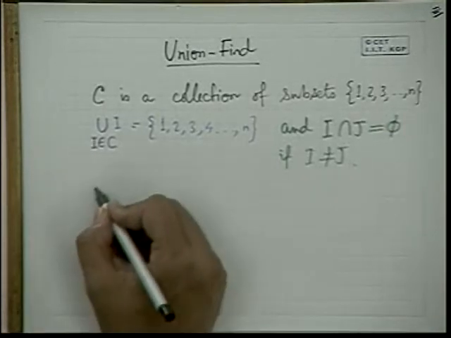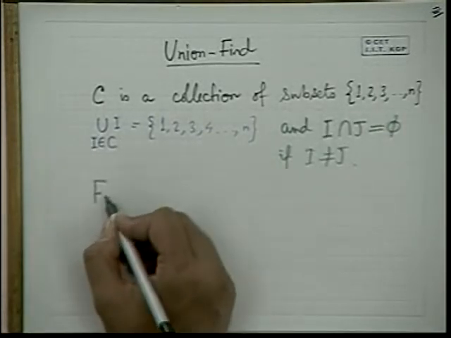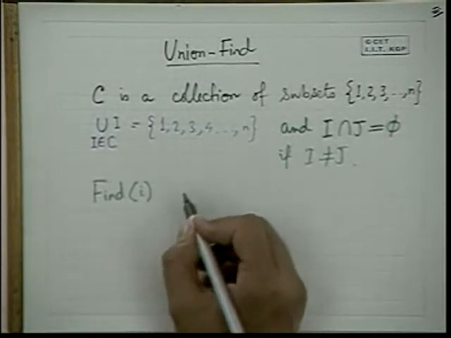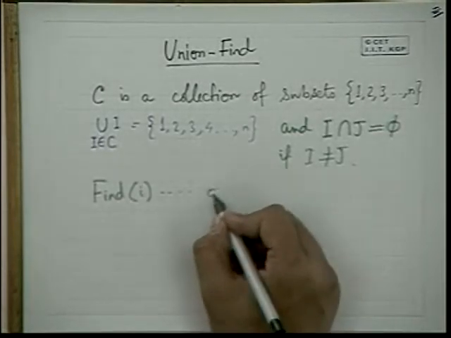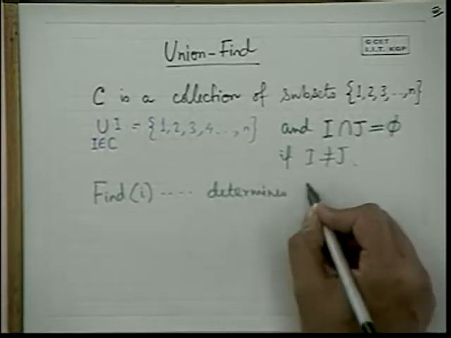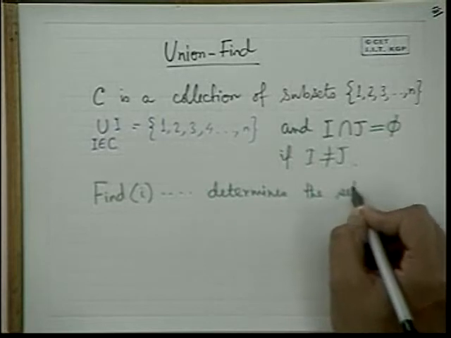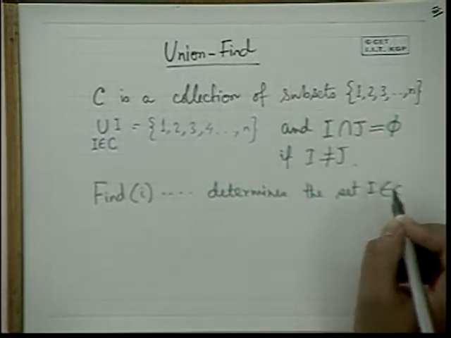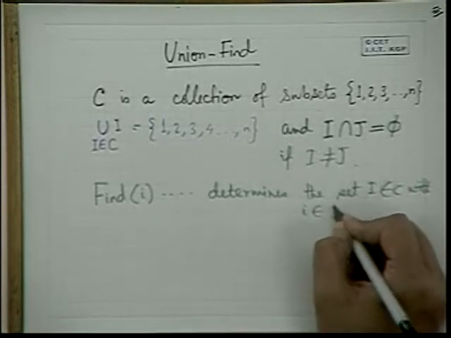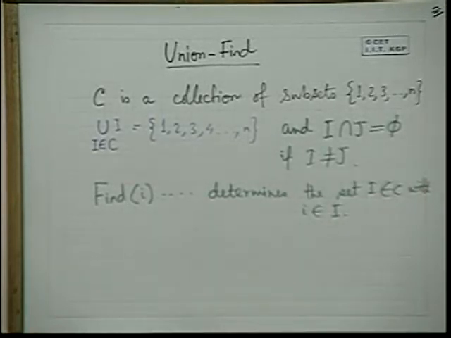So these are the assumptions. So what we are looking for is this: there should be one operation find. So it takes an element I. What is the output? It determines the set I in C with I belonging to capital I. That is the find operation.